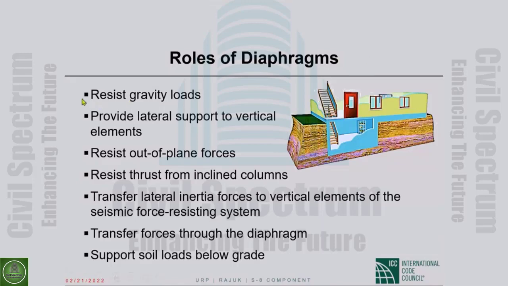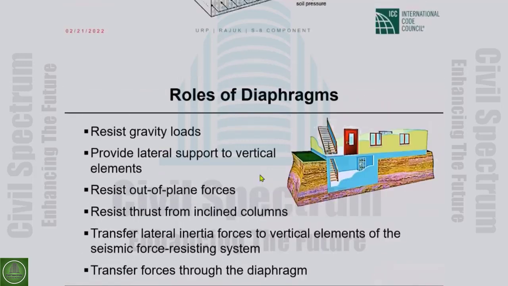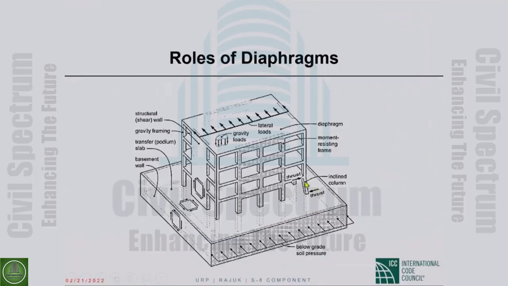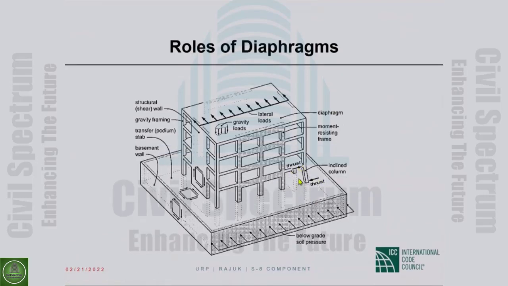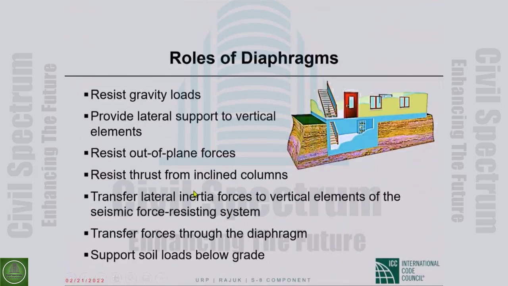I don't know any difference between the first item and the third item. This is NIST's list that I reproduced. Resist thrust from inclined columns. So this thrust has to be resisted by force in the diaphragm. That is pretty uncommon, inclined columns.